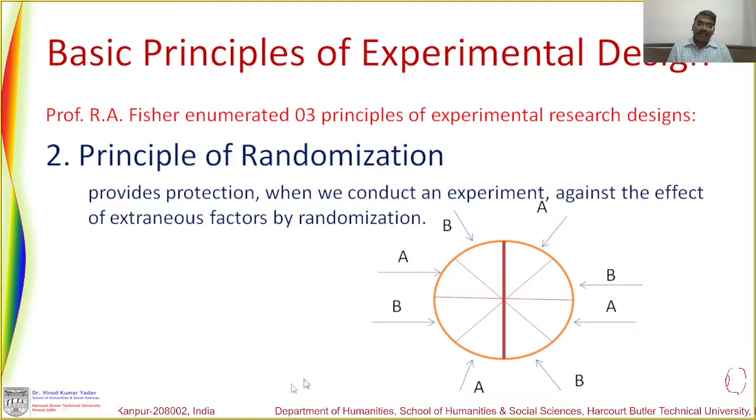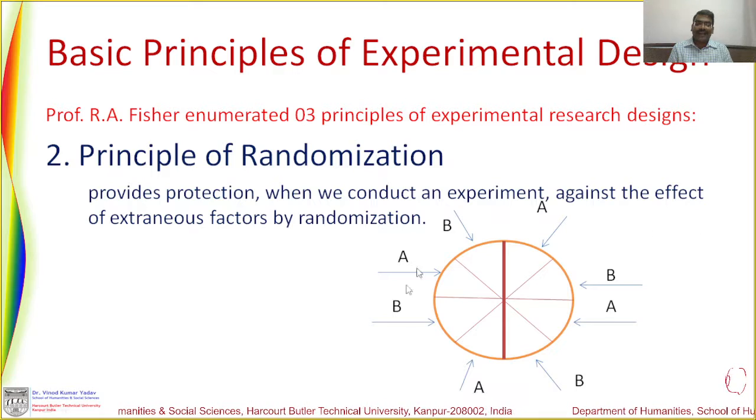And then, in Kidwai Nagar you test B product, and then in another zone of South Kanpur you test A. So this way, when you randomize, you get the data of A product performance in different parts of Kanpur, which you have not chosen; you are choosing randomly.